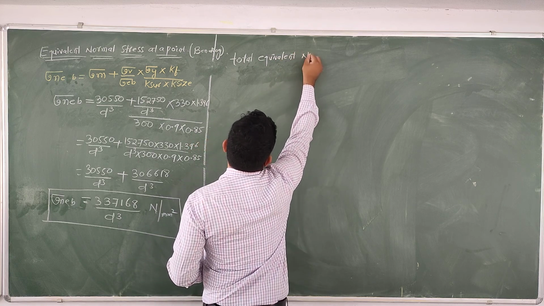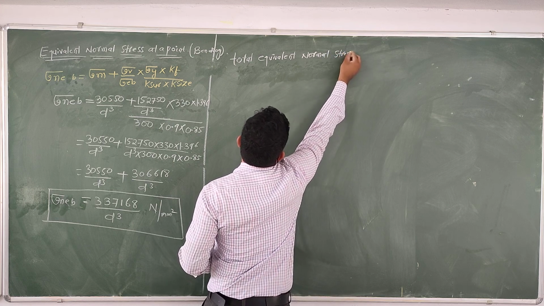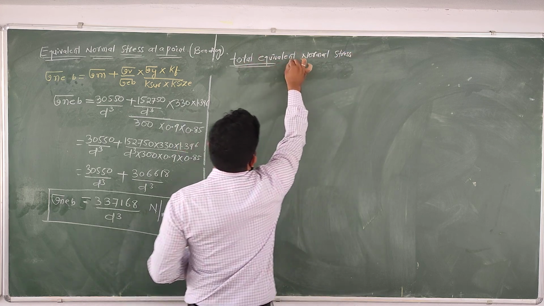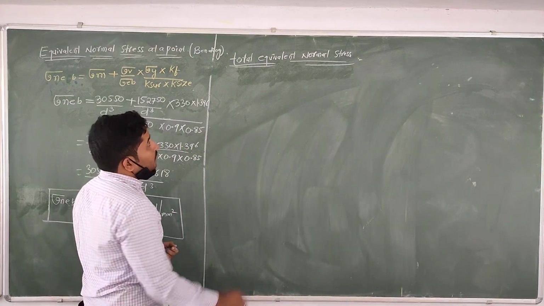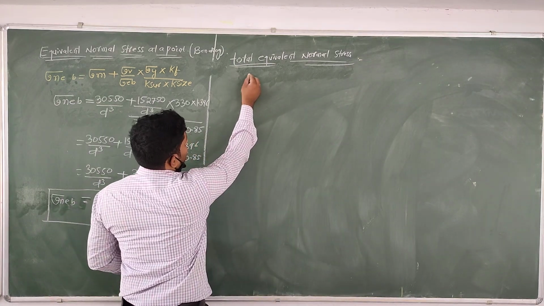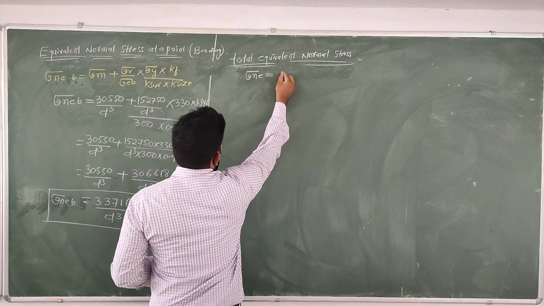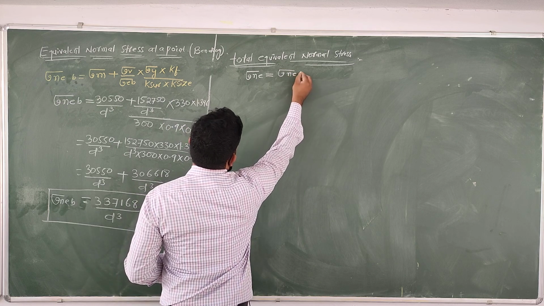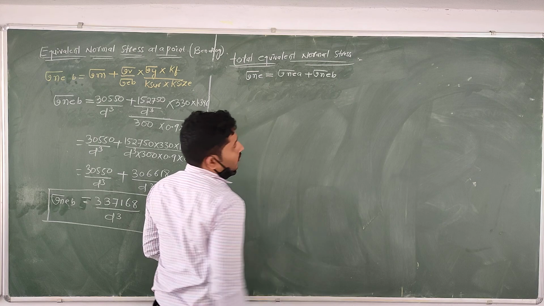Is it right? If you want to find out the total equivalent normal stress, sigma NE equal to sigma NEA plus sigma NEB. Okay, dear?